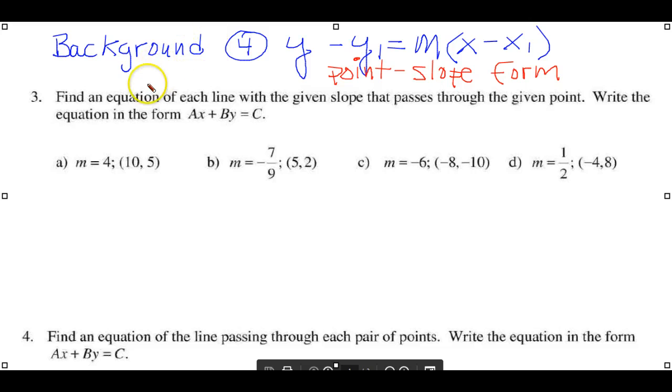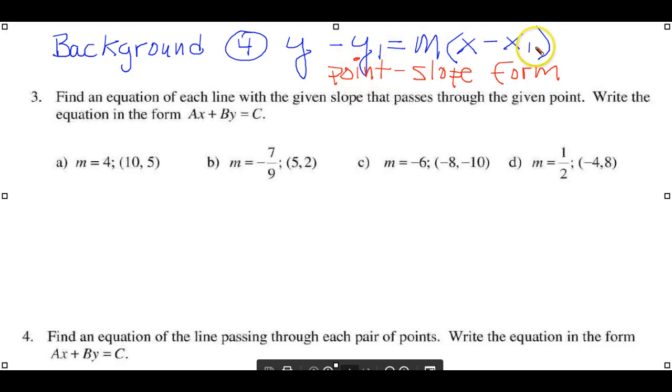Now we had something easy. We're going to get some challenging items right now. And here we introduce formula 4, which is called the point slope form, because you have one point, y sub 1 and x sub 1, and we have the slope.